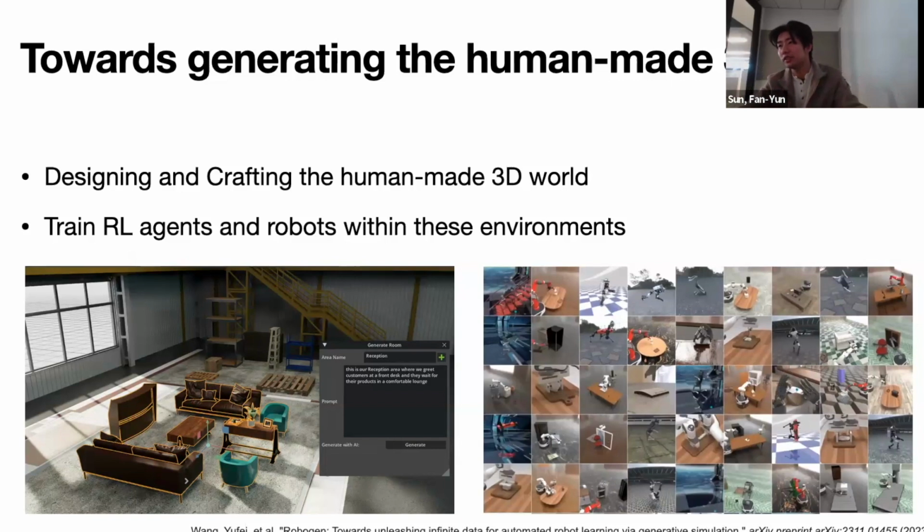But in terms of application, crafting the 3D world can be useful for designing 3D physical spaces. From a more research perspective, these 3D environments that we generate can be used to train reinforcement learning agents and robots. And in fact, the works that I'm going to briefly introduce are going to revolve around the use case of training robots within these environments that we generate.